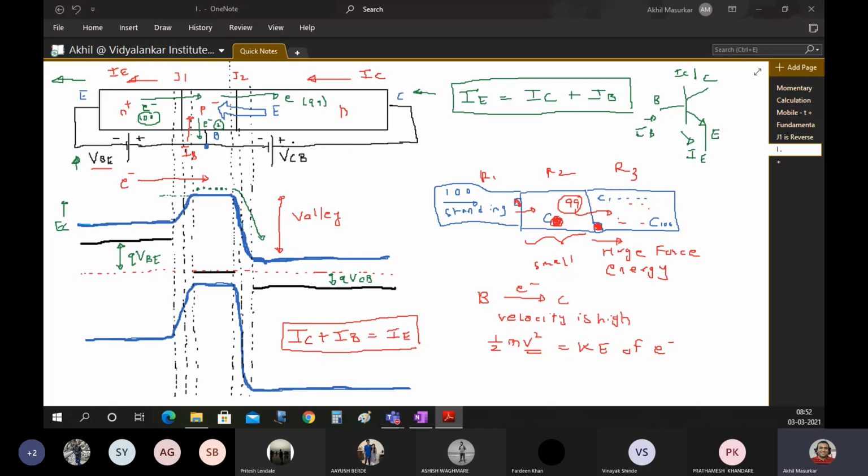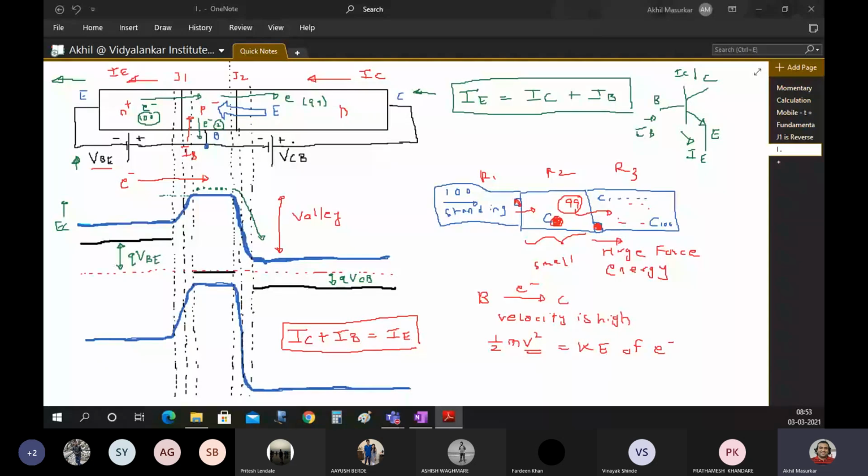To minimize the recombination effect, the width of the base region must be small as compared to the minority carrier diffusion length, and the doping concentration should also be very small. So the base should be small in size, and the concentration must be very small.